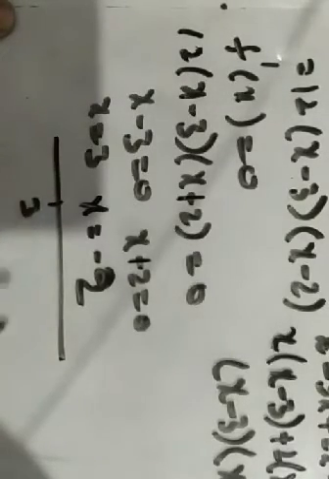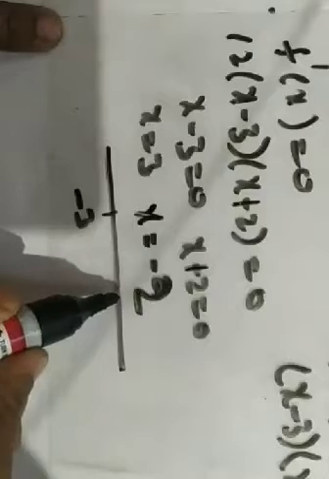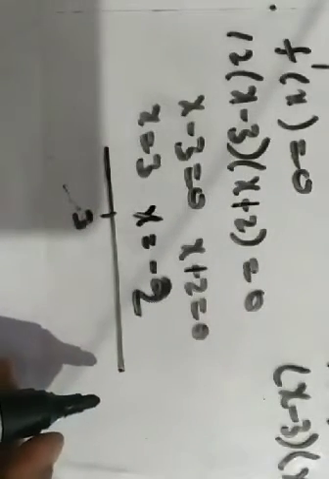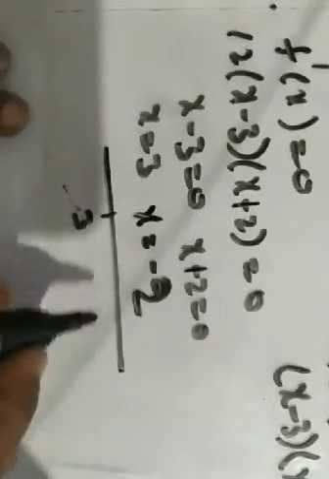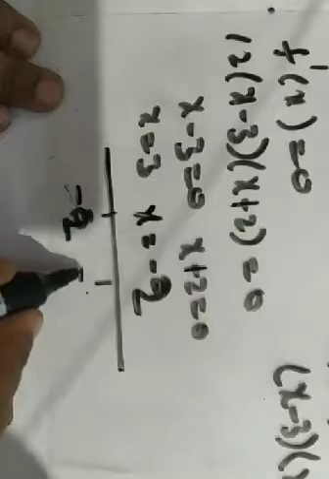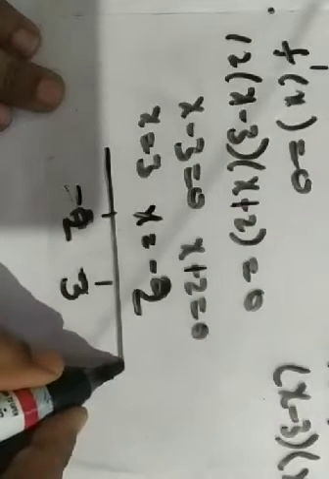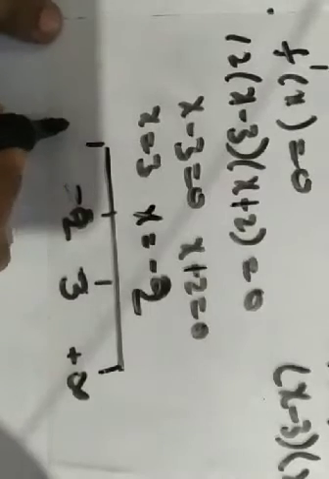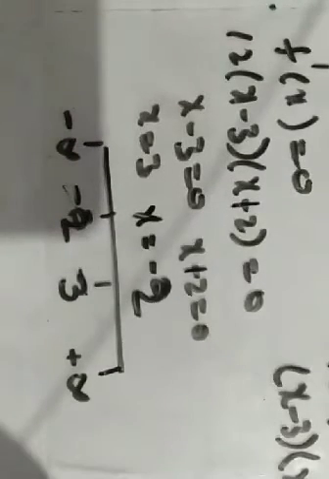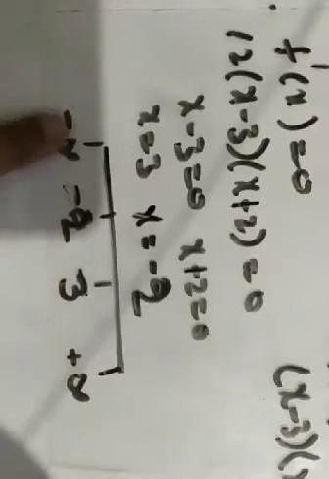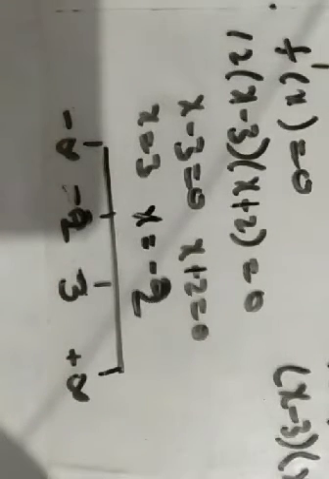The roots are 3, minus 2, plus infinity, minus infinity. What are the roots? Minus 2, 3, plus infinity and minus infinity.